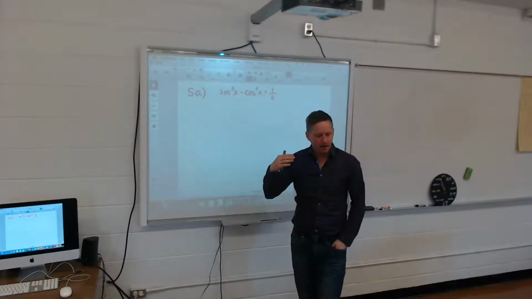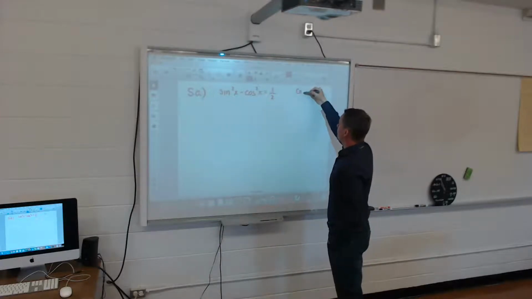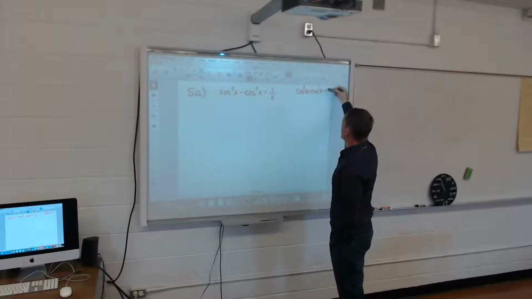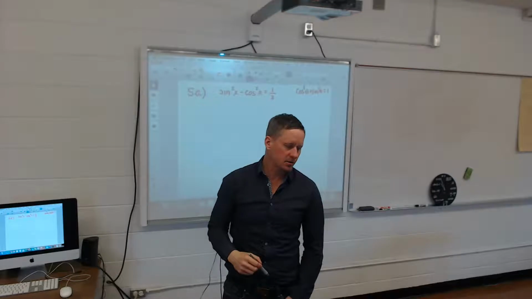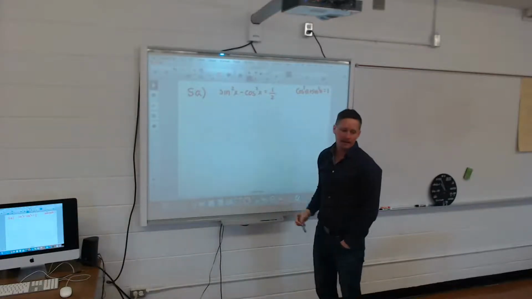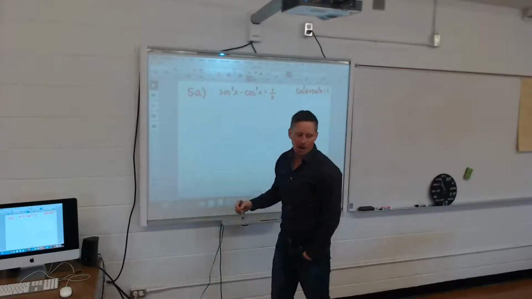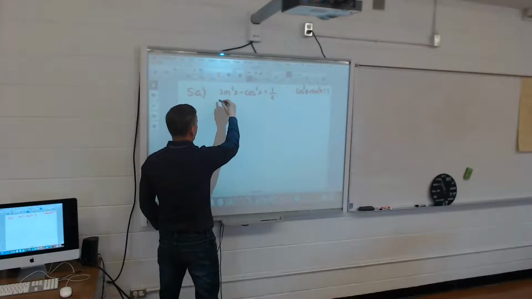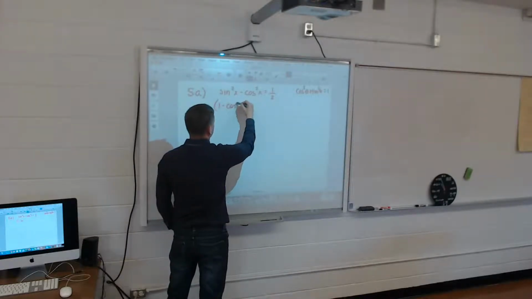You need to remember this guy all the time, and that is cos squared theta plus sine squared theta equals 1. That's the Pythagorean identity. So I'm going to use it to change one of these two. It doesn't matter which one I use, so I'm going to substitute in for sine squared. So I'm going to make that 1 minus cos squared x.